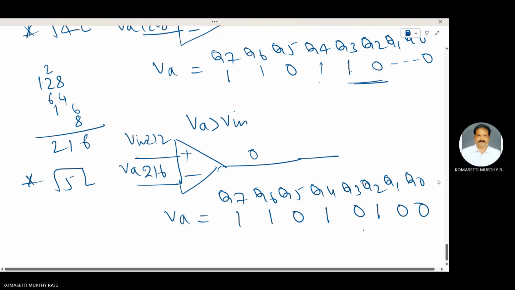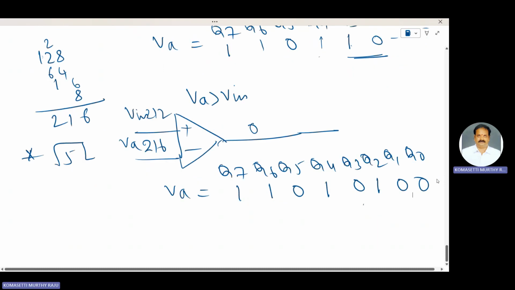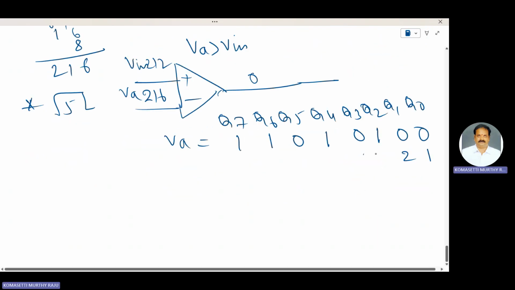This one is 1, 1, 0, 1, 0, 1, 0, 0. The weights are 1, 2, 4, 8, 16, 32, 64, 128.